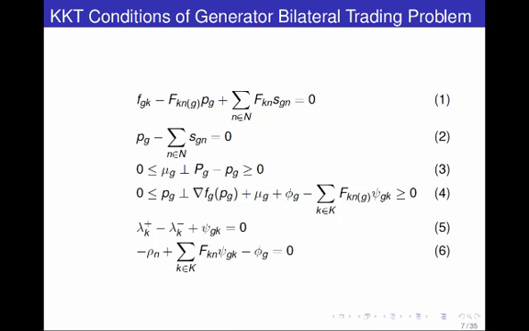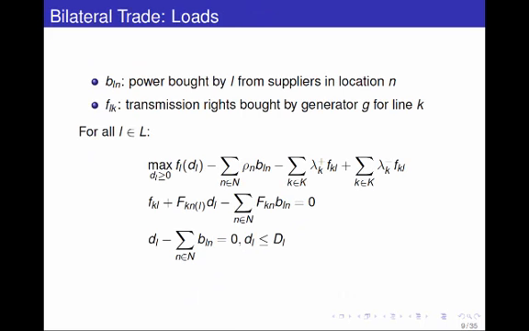The load is really a mirror agent. It's like a generator looking at himself in the mirror. If you think about it, a load is really doing the same things. It's just that it's buying instead of selling, which gives rise to the load optimization problem.